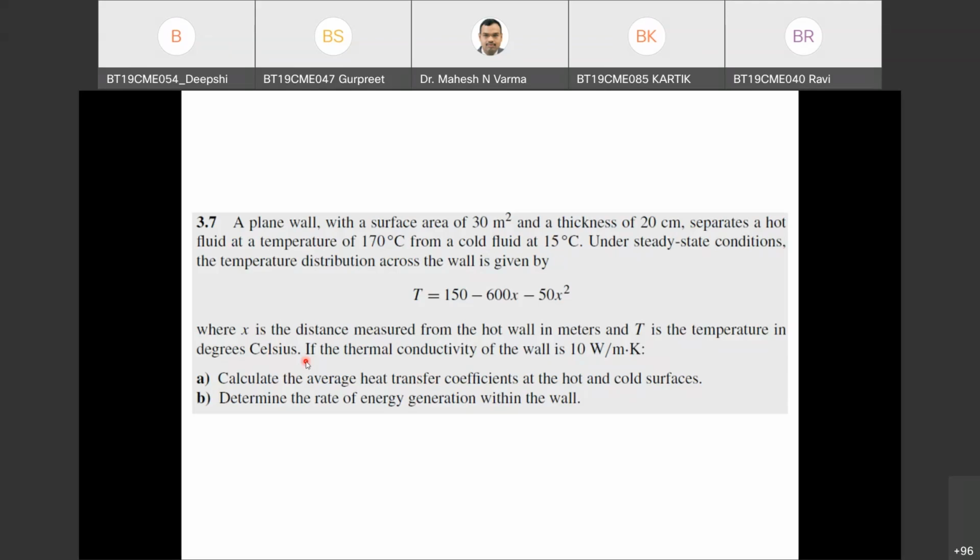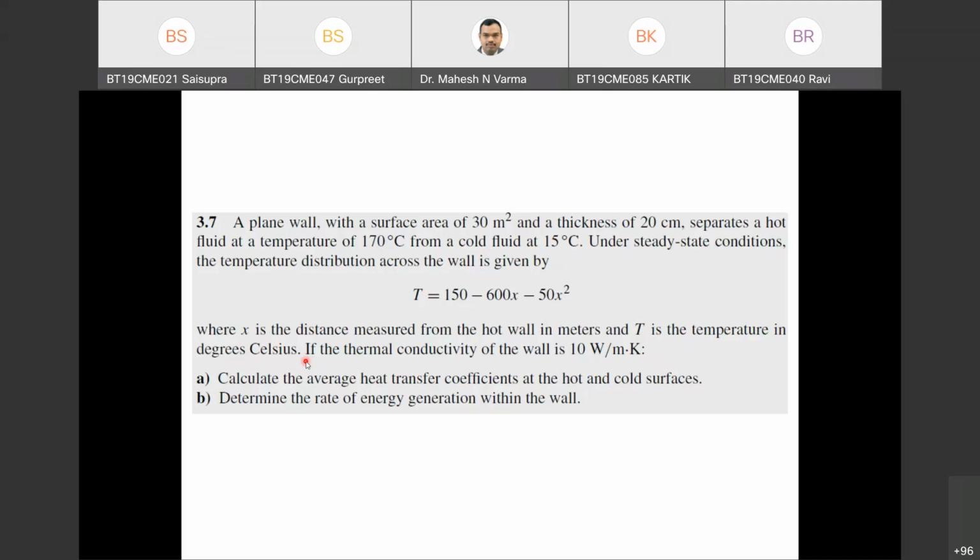Roll number 21, Sai. Sir, how to go for this problem? Here it's given the distance of the plate varies from 0 to 0.2 meters. At x equals 0, the temperature is 150 minus 600 x square.